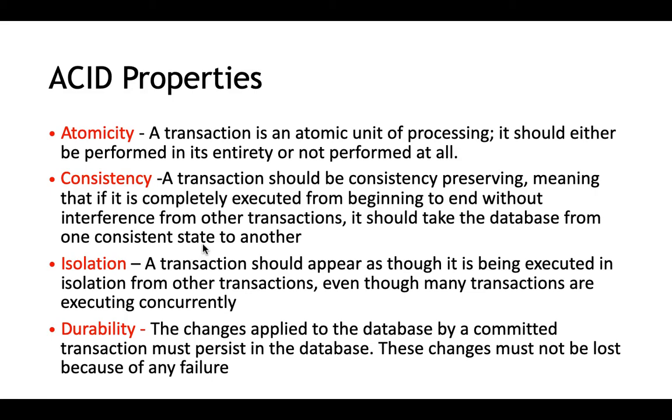If all things go fine, the consistent state would be: initially you had 5000 rupees, 1000 rupees gets deducted, and finally you have 4000 rupees, and the one to whom you are transferring gets plus 1000 rupees in his account. So you are taken from one consistent state to another consistent state if all things go fine. That is consistency preserving.